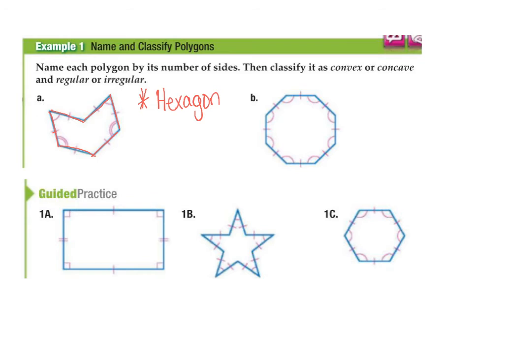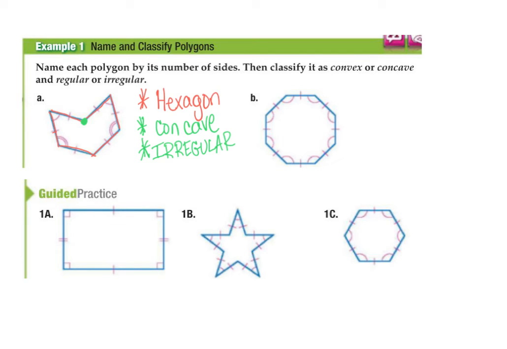Then we want to decide whether it's convex or concave. Well, here the intersection of these two line segments would be inside the image, so it's like a cave inside, so it's concave. Then to determine whether the polygon is regular or irregular, only convex polygons can be regular, so this polygon has to be irregular.